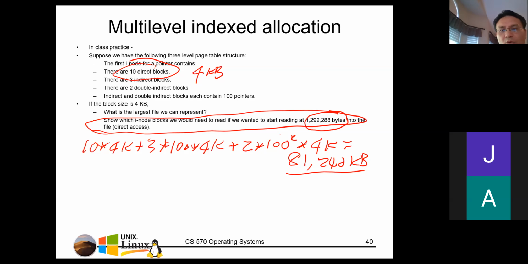First, it doesn't matter whether you have a direct block, one level of indirect, or two levels of indirect. Each block is 4 KB, right?